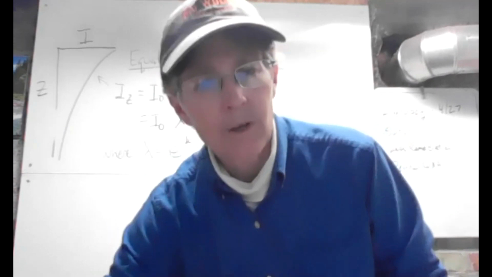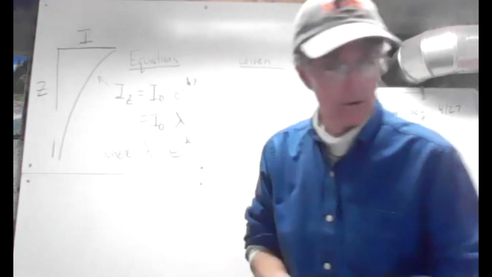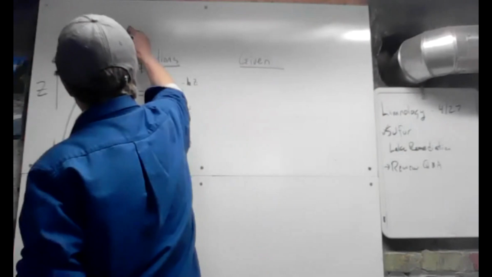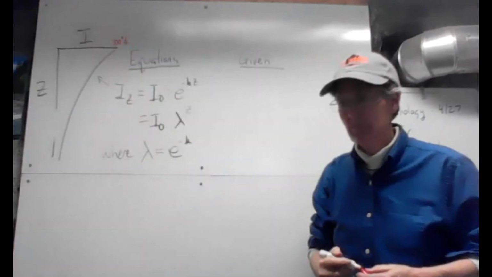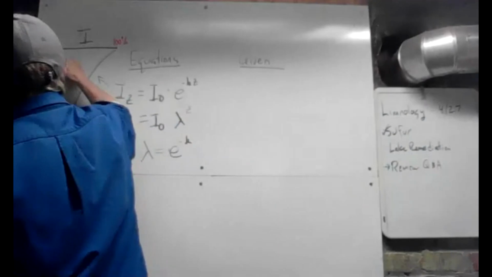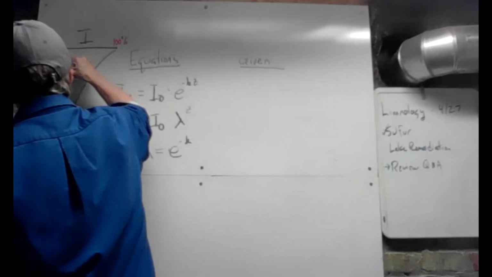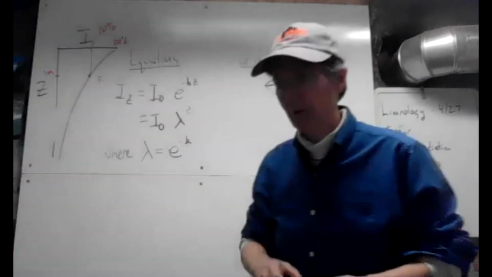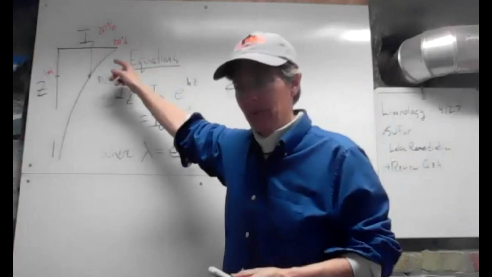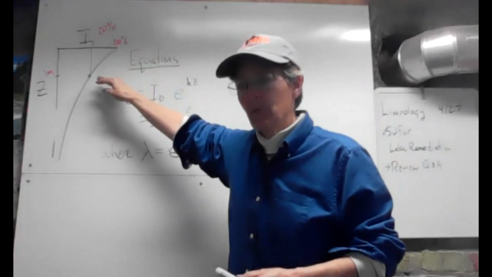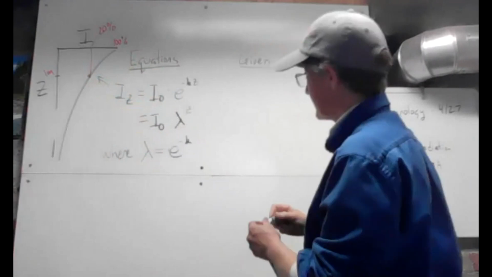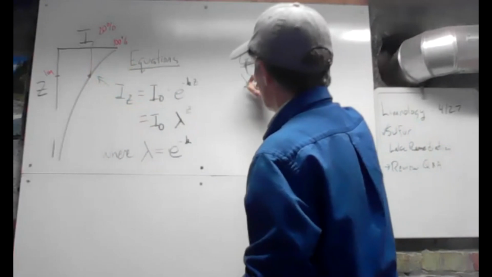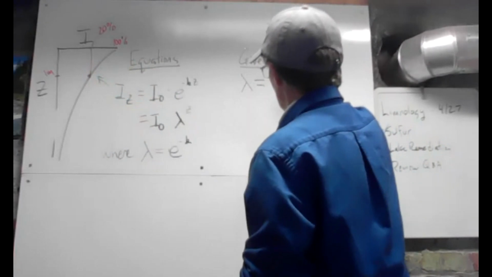So here, 100% is right here, and at a depth of 1 meter, this is 20%. It's not to scale. But at 1 meter depth, 20% of the light remains. So what that means is that lambda equals 20%, 0.2.